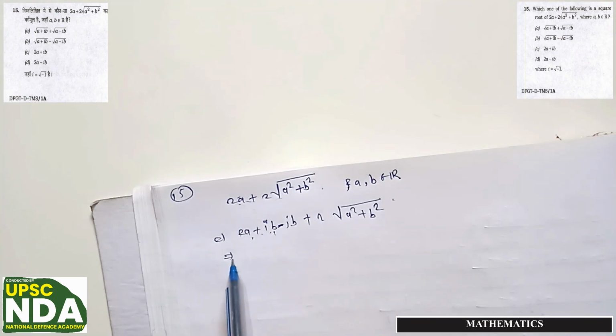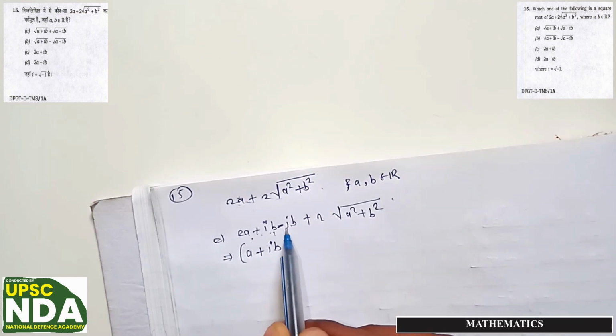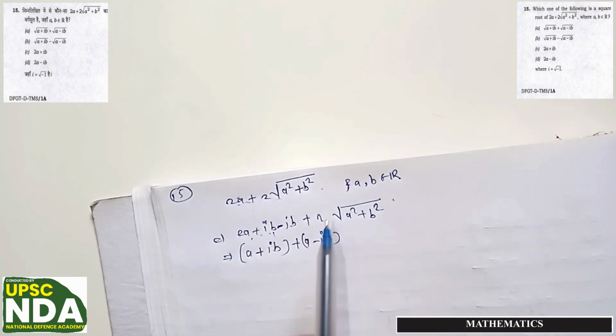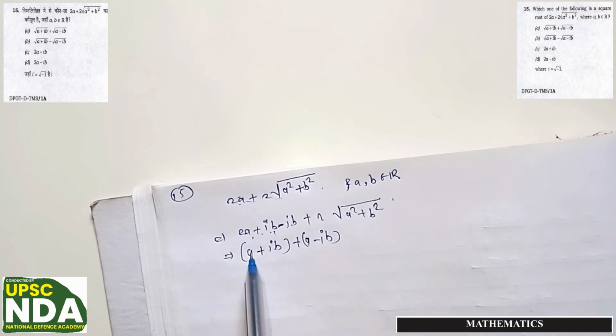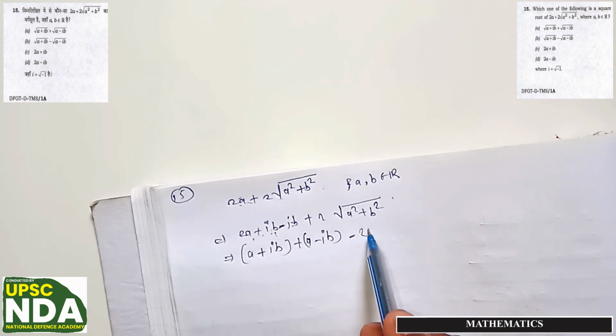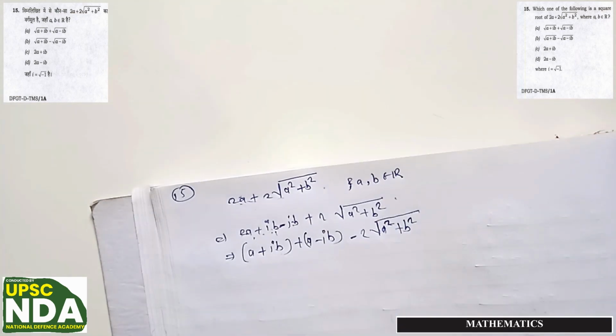So here 2a can be written as a plus a. So a plus ib, and again plus a minus ib. What I have done is written 2a as a plus ib, minus ib, and then 2 times the square root of a square plus b square. This is the way.